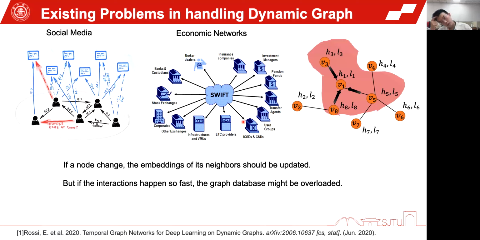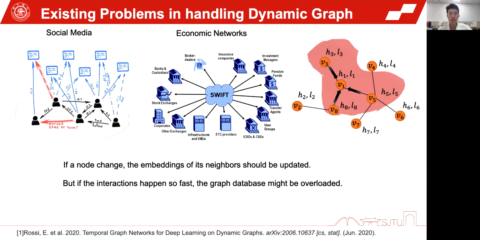Although GNNs provide a promising way to capture graph patterns, however, those models are designed to deal with static graphs. But the graph data in the real world are essentially dynamic. Nodes and edges on a graph can appear or disappear over time, and even node attributes may change.